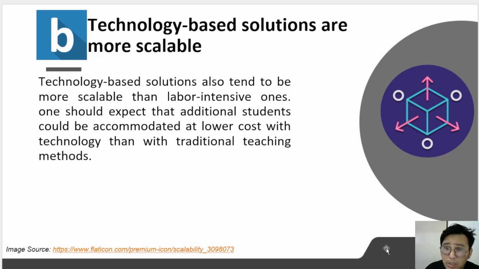But hopefully in the future we can get lower costs in the use of technology-based solutions, because right now the technology-based solutions that have been built by huge companies are still at the investment stage. So we will see later in the future whether it will be a good one.